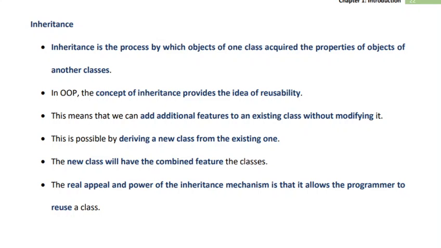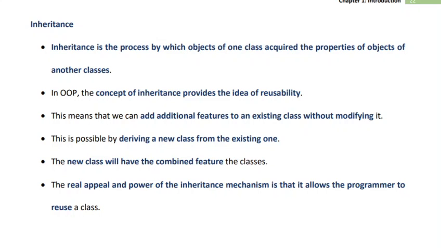So we reuse the existing definitions and create new definitions out of them, so that we need not implement everything from scratch. In object-oriented programming, inheritance is used in order to promote the idea of reusability.